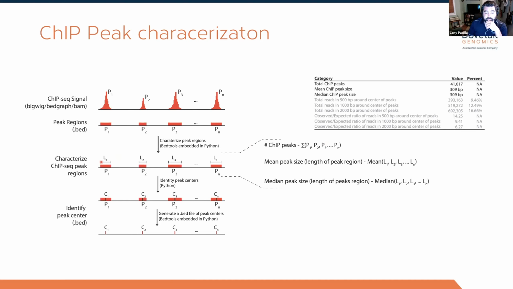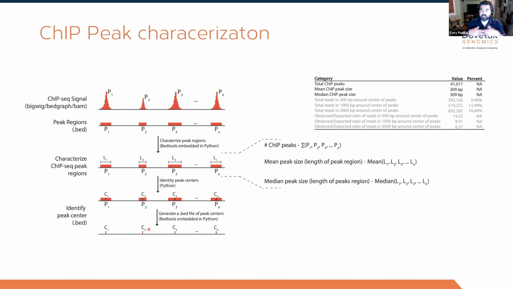And what is the mean and median length of all these peaks, and we report that as just total counts, and then as a size for both mean and median. And then from there, for other downstream analyses, we go in and we identify the center of each peak, and then we make a new BED file of these peak centers, which we will then use in the next step.